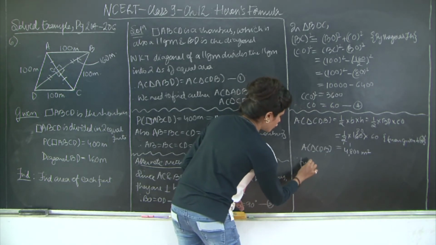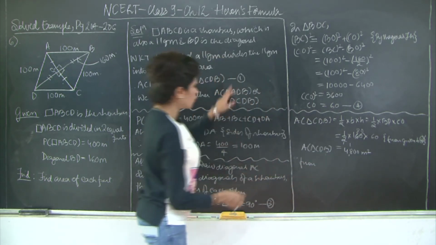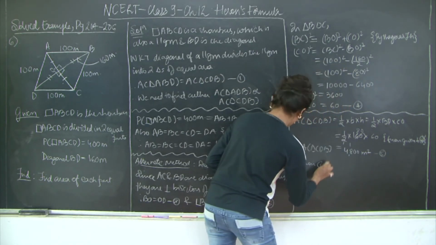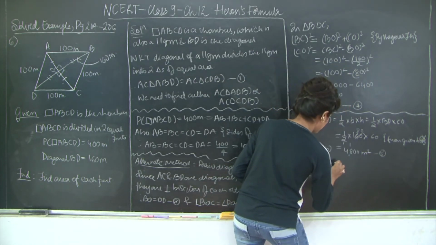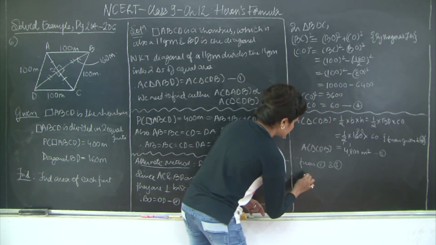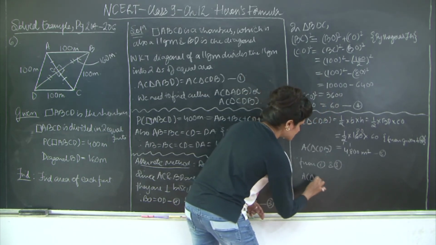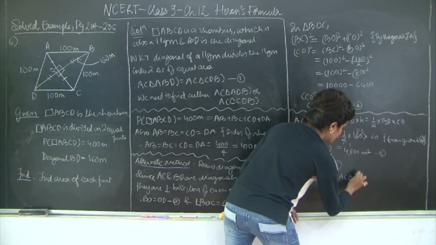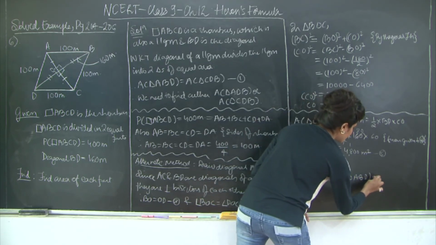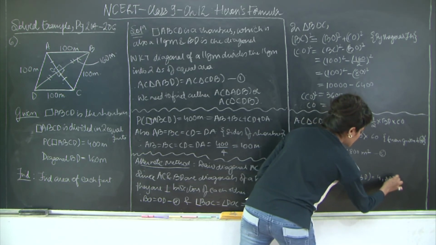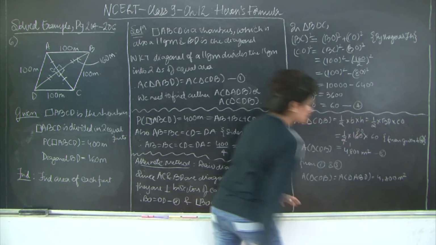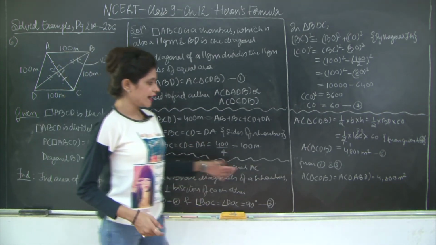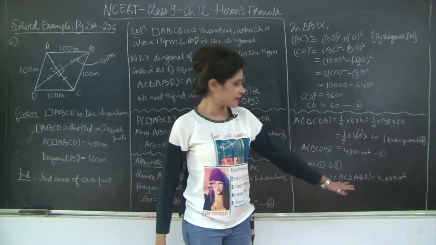Therefore, from 1 and let's say 5, area of triangle CDB is equal to area of triangle ABD, which is equal to 4800 meters square. And similarly, like we wrote the answer previously, each of the kids will get an area of 4800 meters square each.